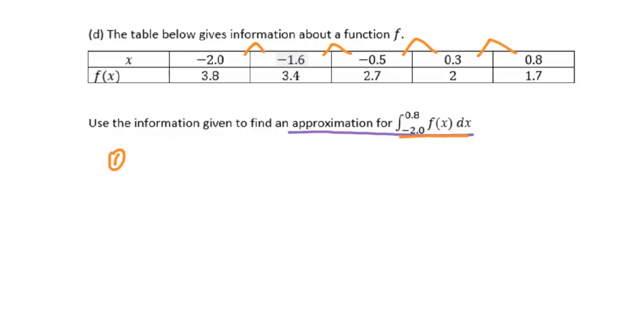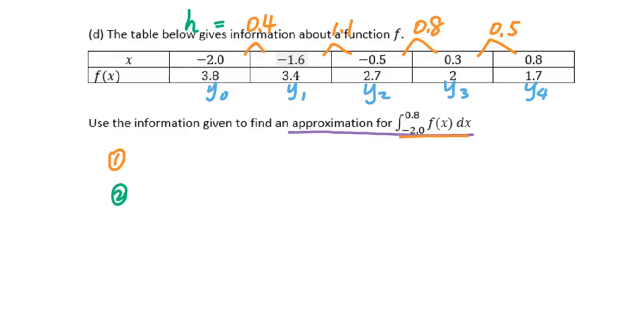This will be the height. Then the second step, you will count y0, y1, y2, y3, and y4. Since the heights are different, you cannot use the trapezoidal rule formula over here.